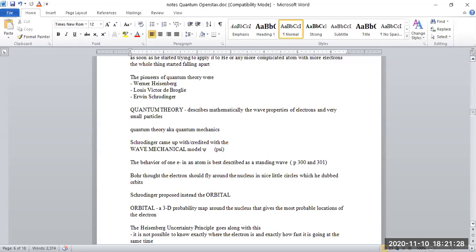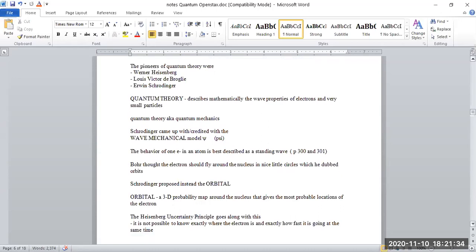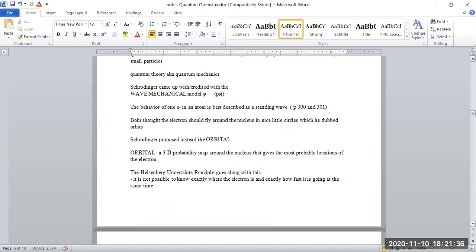That's not really true. Schrodinger expanded the idea. And we're going to change the ending of the word. Instead of calling it orbit, we're going to call it an orbital. And an orbital is a 3D probability map.